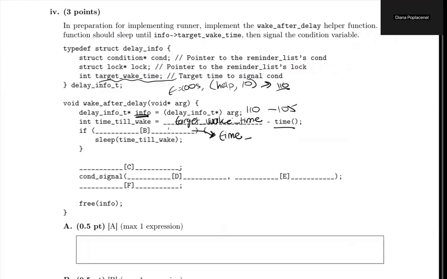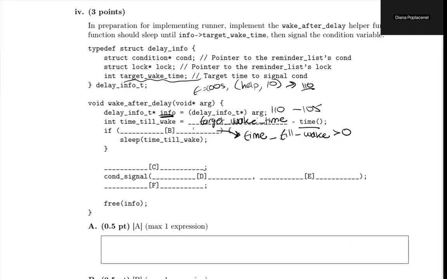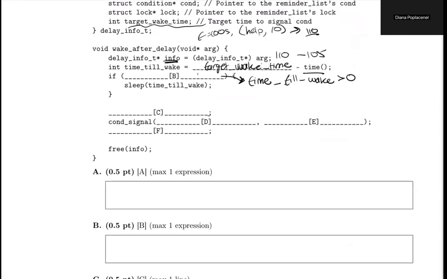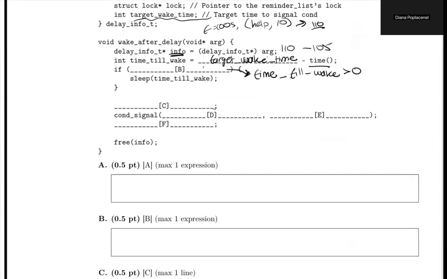When should we not sleep? Well, if time till wake is less than or equal to 0, so if I'm already at time step 110, I do need to print my message. So I don't want to sleep in that case. And so that gives us a solution that if time till wake is greater than 0, we are going to sleep the specified amount of seconds.